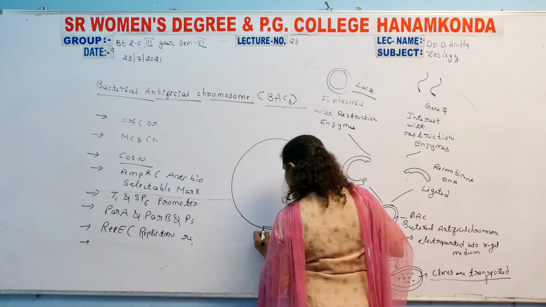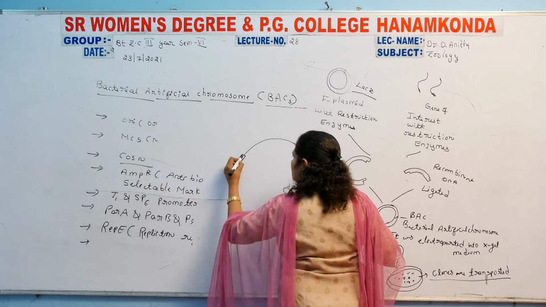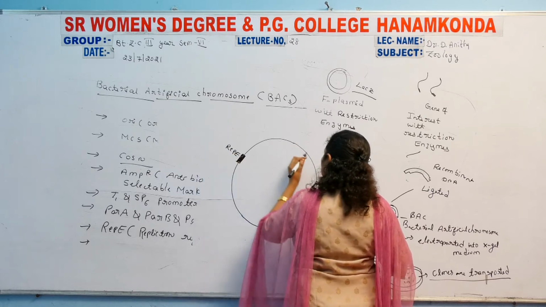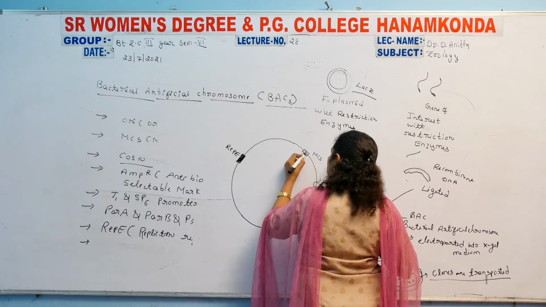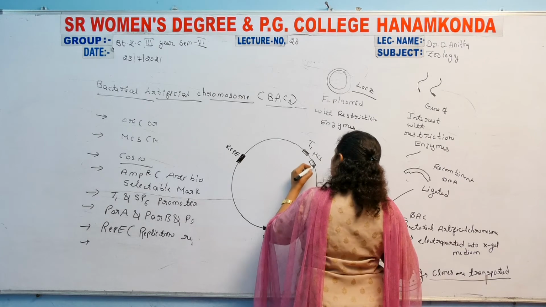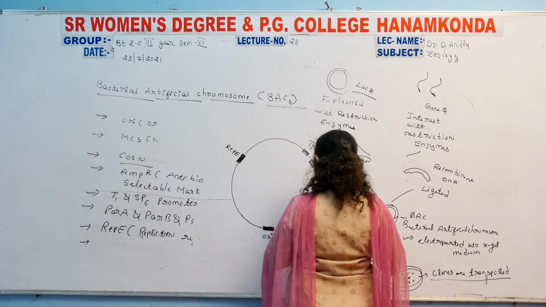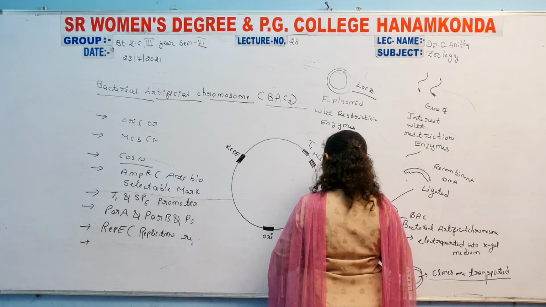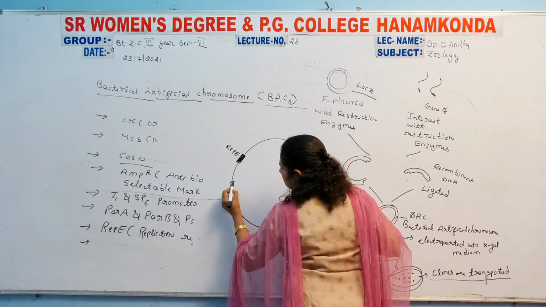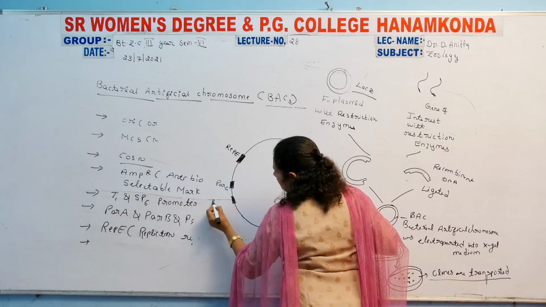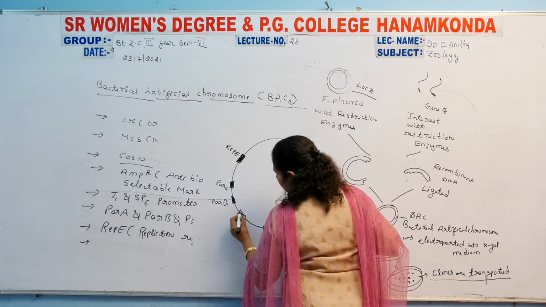It may possess the ORI, the REP, and the MCS, and T1, SP6, and cosN, and parC, parB, and parE.